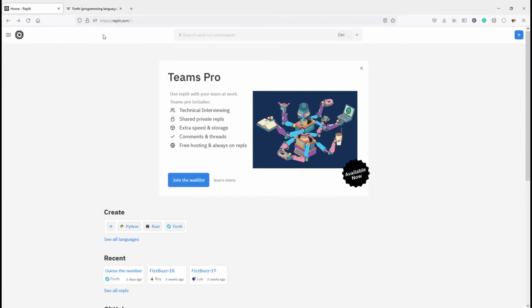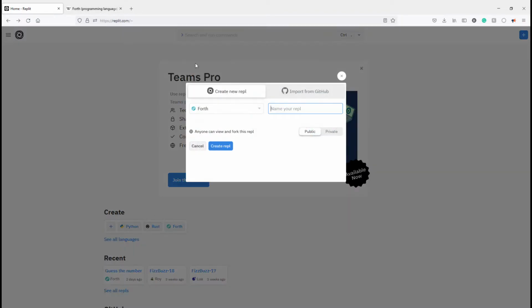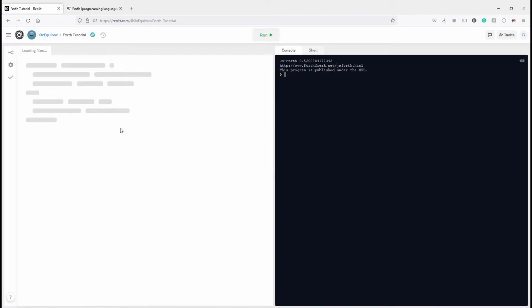I'm going to be using replit.com to use fourth. You can as well. Just let it load.